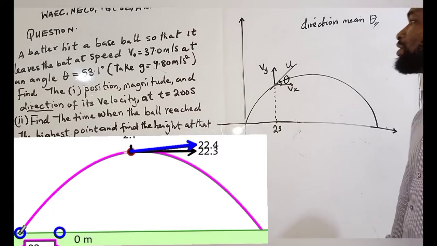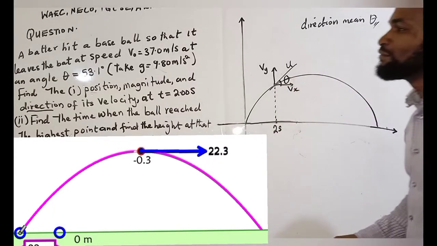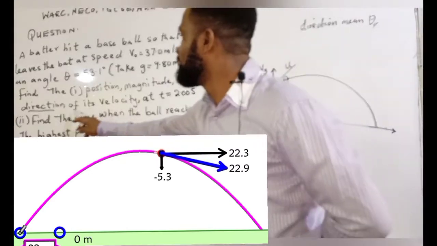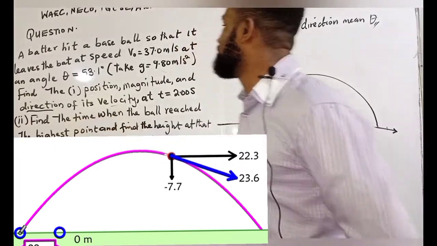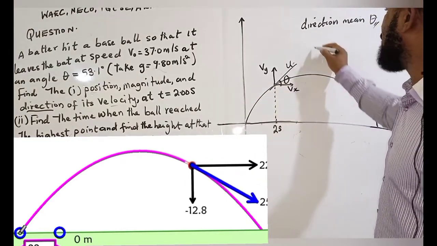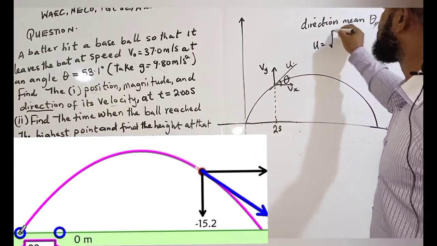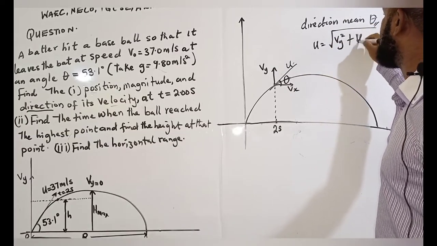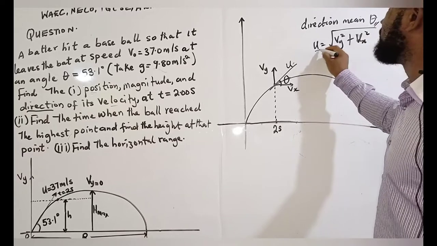That's what you're looking for, and that is the direction. Then the next thing is its velocity. Its velocity at that point is this u. That u is going to be the square root of Vy squared plus Vx squared.